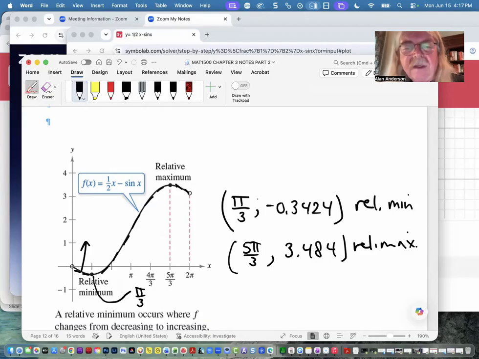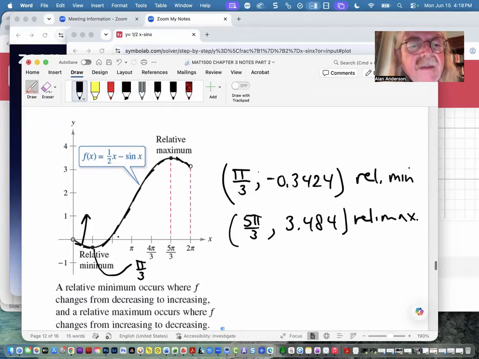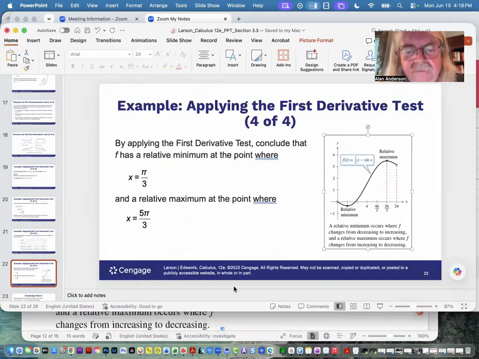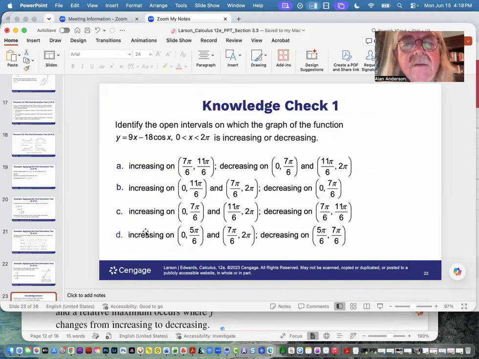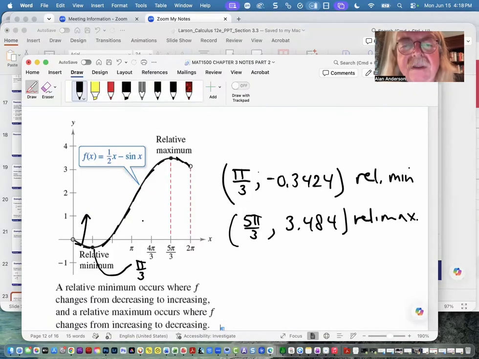So what they would have done is just chosen some random term in these intervals and calculated the first derivative so you can see whether or not the tangent line has a positive or negative slope. Let's see what they actually did. Oh, well, they didn't even show it to us.